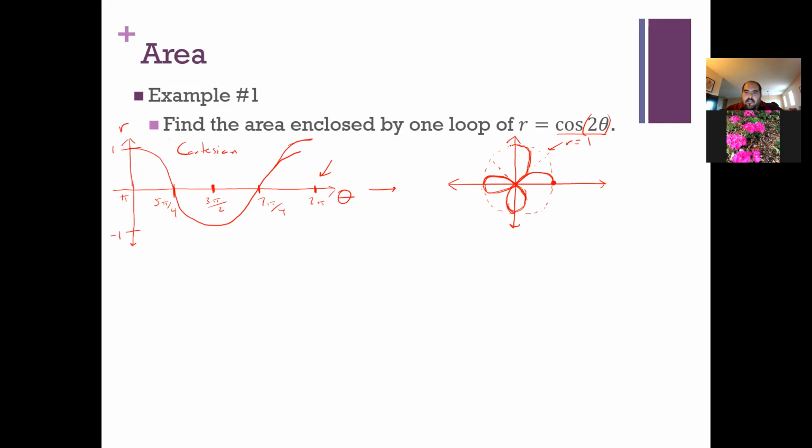And then our last move is going to be like this. And this graph is called a rose. So any questions so far on how this works?